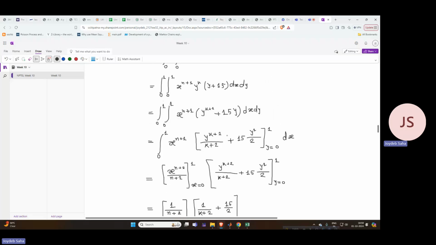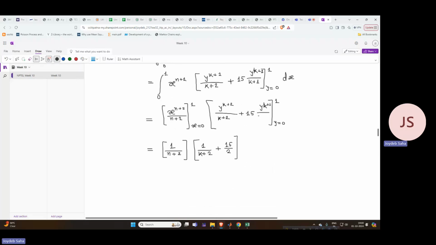Okay, I think there was a little mistake. It was y to the power k. So we will get y to the power k plus 1 divided by k plus 1. Similarly, this is also k plus 1. This is k plus 1.